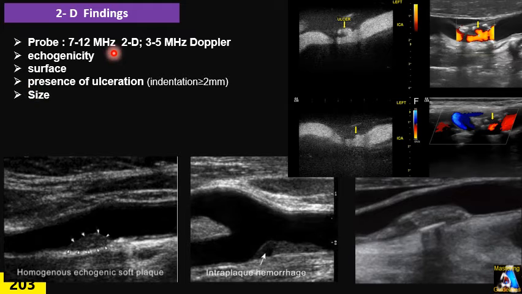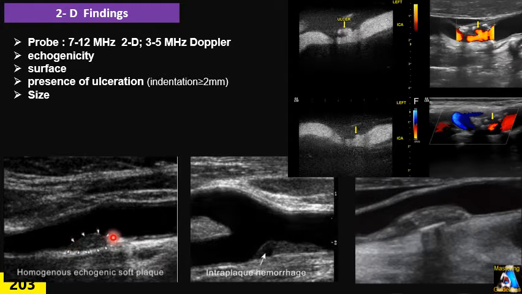First, echogenicity. Echogenicity in an atheroma or plaque in the carotid can be mid-gray isoechoic, the same as the muscle in the neck, or it can be a little hyperechoic or hypoechoic. Another characteristic we have to pay attention to is the border and surface of the plaque.